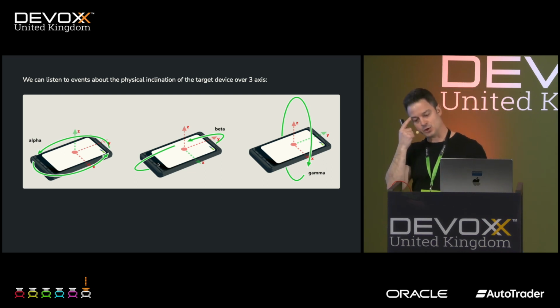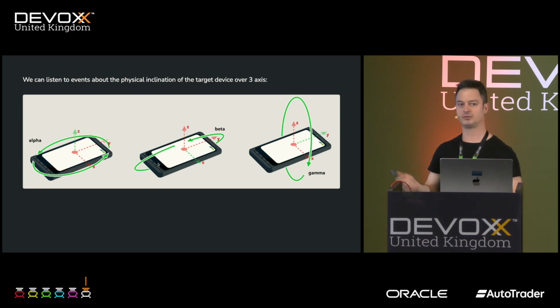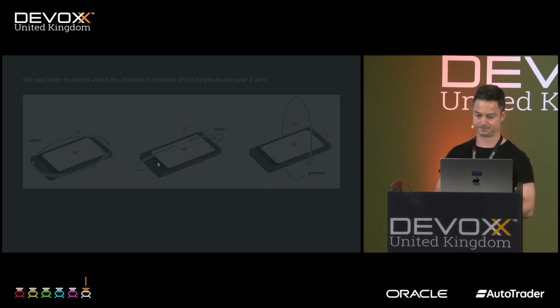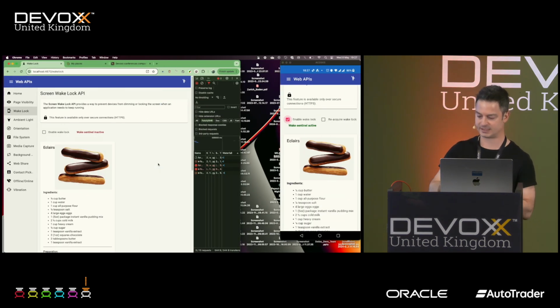Knowing this, I took inspiration from the native app Revolut, where you can flip the phone back and front, and it will toggle the details of the credit card on and off. But let's see first the demo, and then the code.